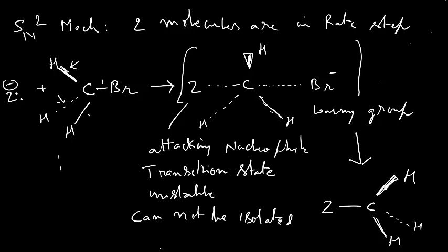This is the reactant molecule, whereas this is the product molecule. See, the reactant molecule and product molecule, what happens? The complete inversion takes place. So this is the SN2 mechanism.